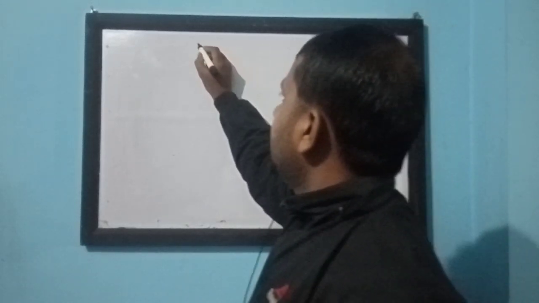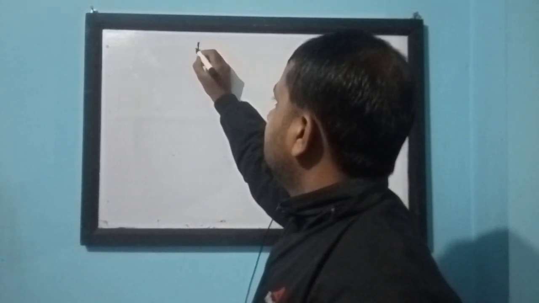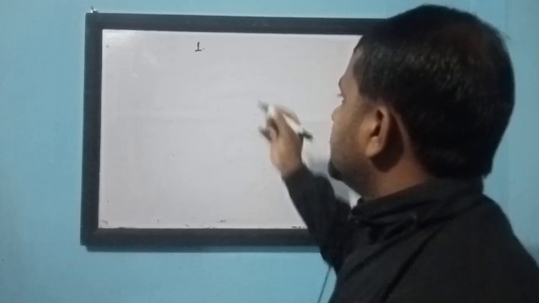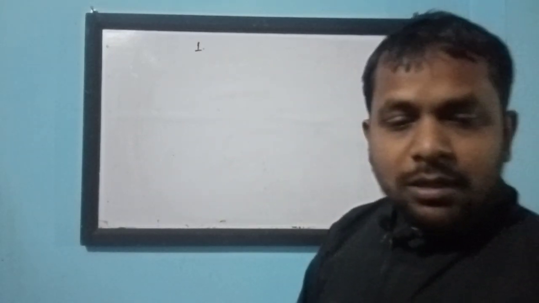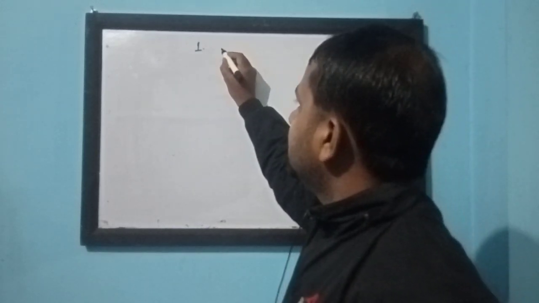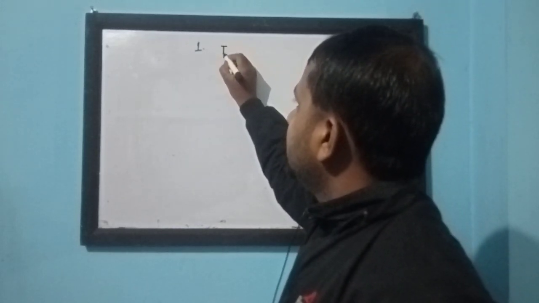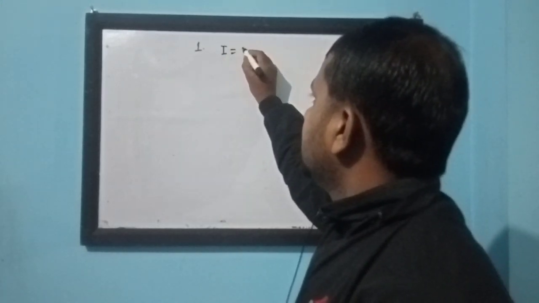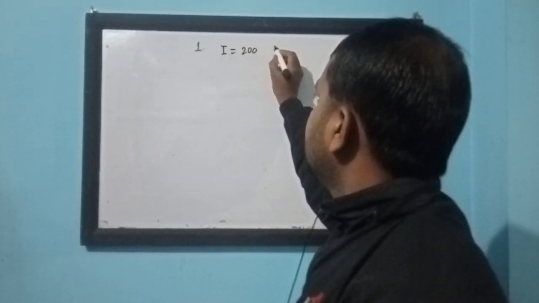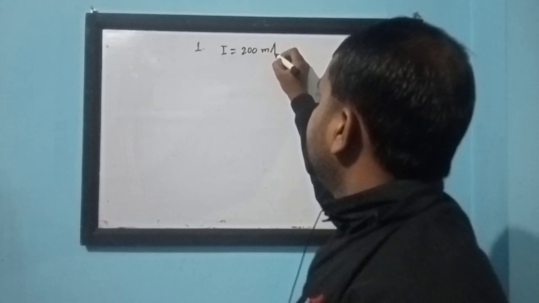Let us see the first type of numerical. Suppose in any question, I am taking some example. The value of current, which we can represent by I, is 200 milliampere.